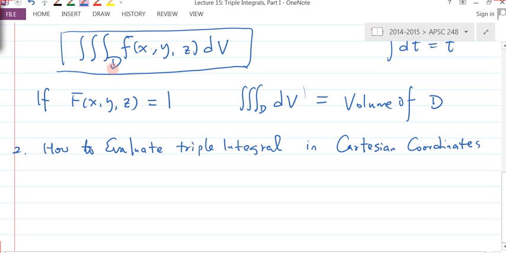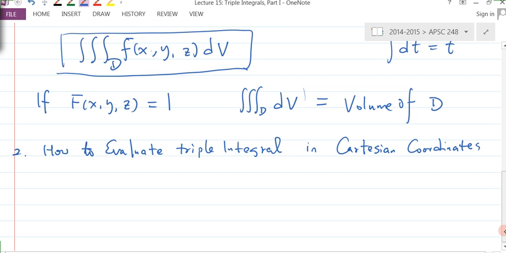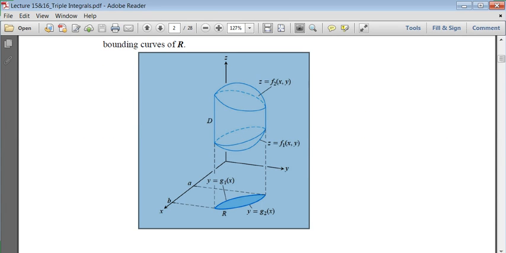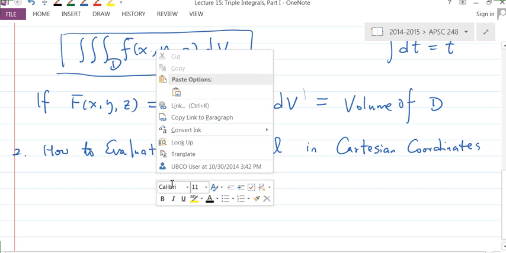If it's a single variable, you're scanning through A to B. Double integral, area R. Triple integral, we're supposed to scan through this region D. Scan through it, but with no redundancy. So let's look at this one. I'm going to use a generic picture to illustrate the process.